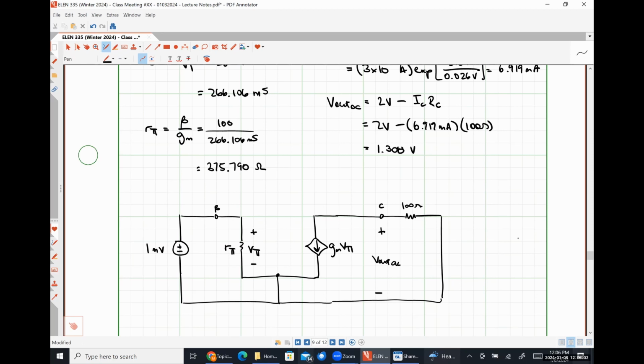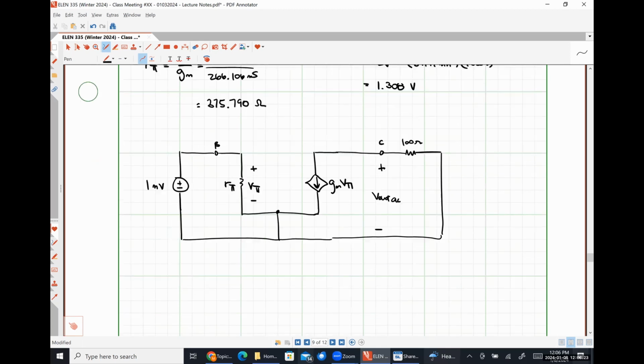Well, I'll be damned if there isn't a current source in series with our 100 ohm resistor. So our output voltage here, V out subscript AC, should be negative 100 ohms times GM V pi because the current is flowing into the negative polarity terminal, right?